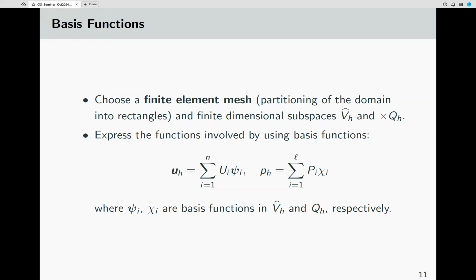Then you express your displacement as well as pressure in terms of those basis functions, so that the final problem that you end up solving in discrete form is just a problem of finding these scalar coefficients u or p. So it is going to be eventually a linear system, a really large scale linear system, because the number of basis functions depends on how many little squares or rectangles you have in your partitioning. That's how finite element actually works.